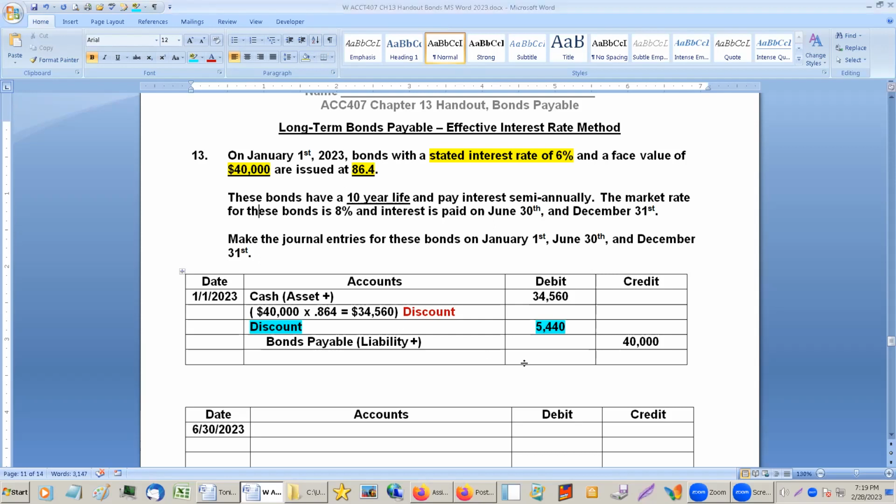All right. And this discount, the liability is actually going down. Again, it's because these two sides have to equal. This is the asset, these are liabilities, so if you put 34,560, you can only put 34,560 on this other side. And eventually that discount's going to go away though.